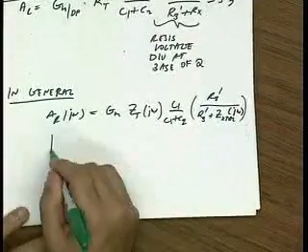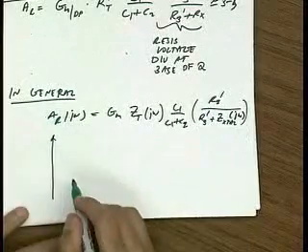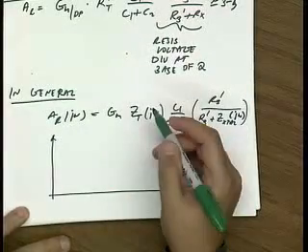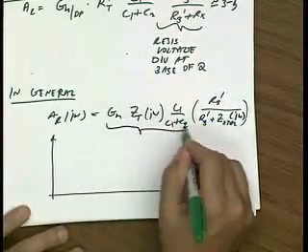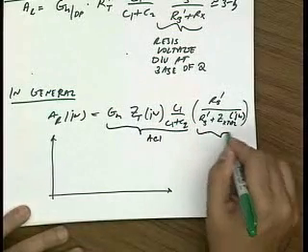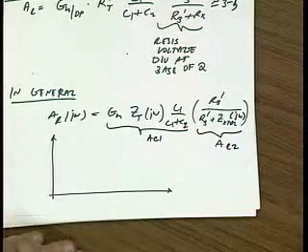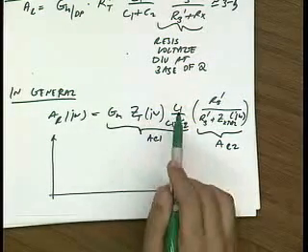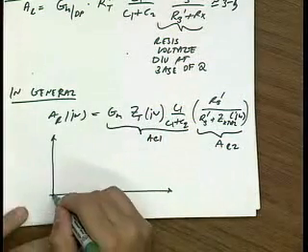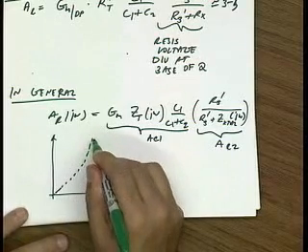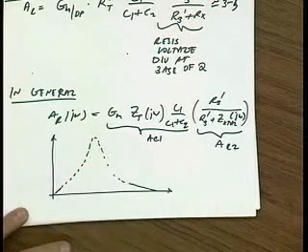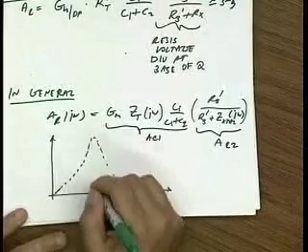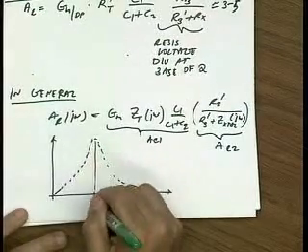Let me call this term here AL1 and this term AL2. If I look at AL1, this is more or less what we've been looking at for the past few lectures. It's some low Q resonance transfer function, right? So it resonates, let's say, at omega naught.